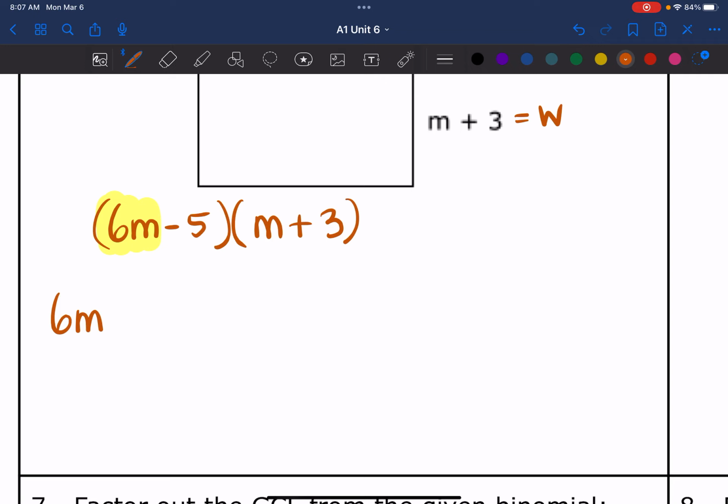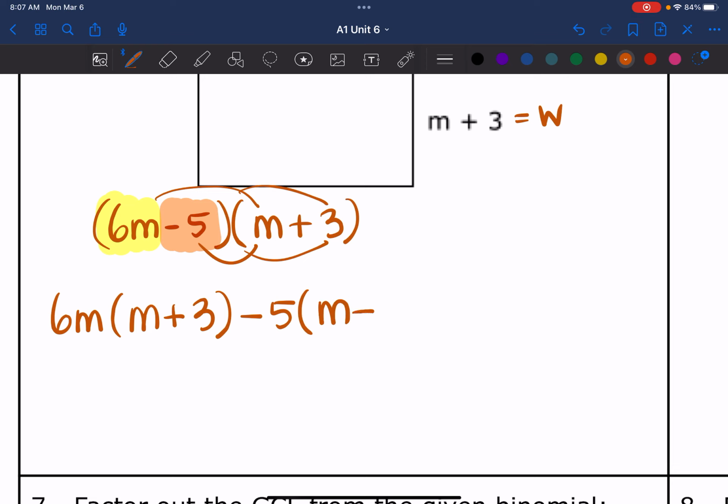That needs to get multiplied to the entire second binomial, so I'm going to write that in parentheses. Then our minus 5 also needs to get multiplied to the entire second binomial, so I'm going to write minus 5 and then that second binomial.